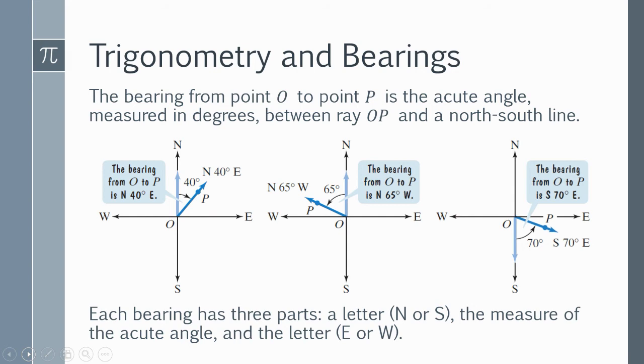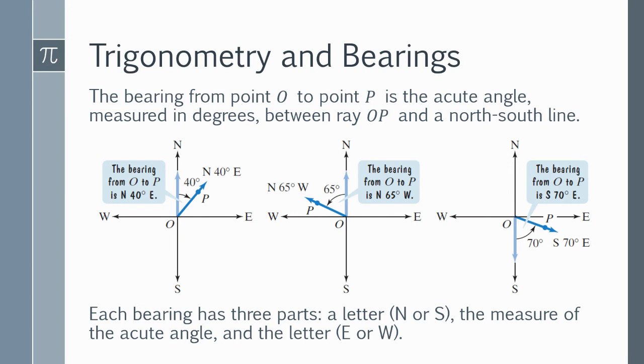So notice that in the picture, we have 40 degrees, it's being formed with that north-south line, and that's why we want to keep it 40 degrees. So if you look at the compass, we are going north and it's going to the right, so it's also going east. So north, 40 degrees east.